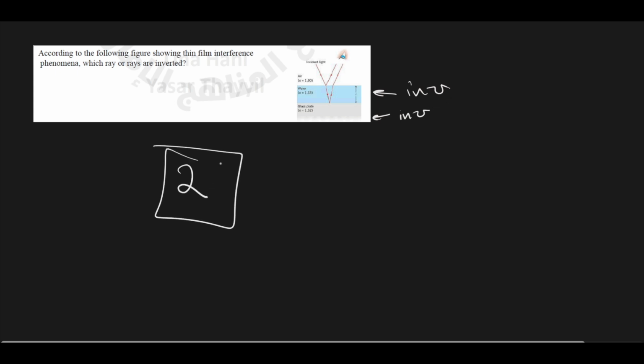So in this question, how many inversions do we have? First of all, you will have the first inversion from the refractive index 1 to 1.33, so there is an inversion here. And then you have from 1.33 to 1.52, another inversion here because you go to a higher refractive index. So we know that the number of inversions is 2. So let's understand this.